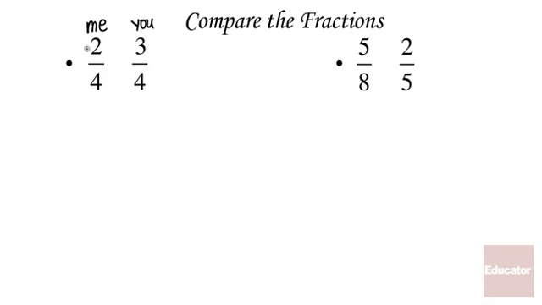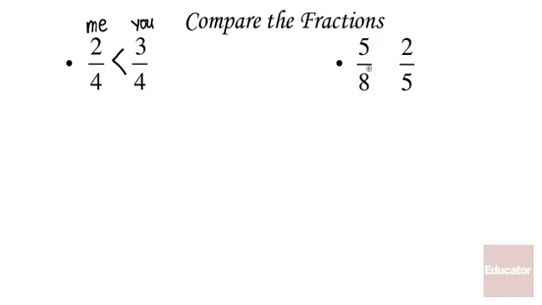If I ate 2 out of the 4 pieces and you ate 3 out of the 4 pieces, who ate more? You did. So my fraction, what I ate, is less than what you ate, which is 3 out of 4. Okay, so then we know that 2 out of 4 is less than 3 out of 4.